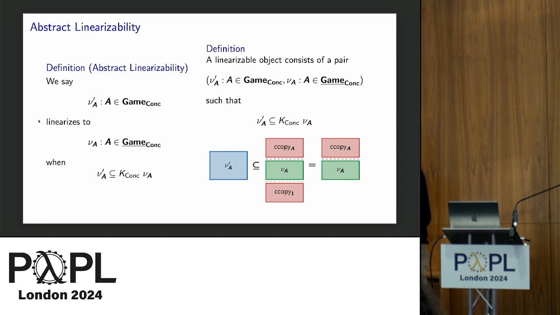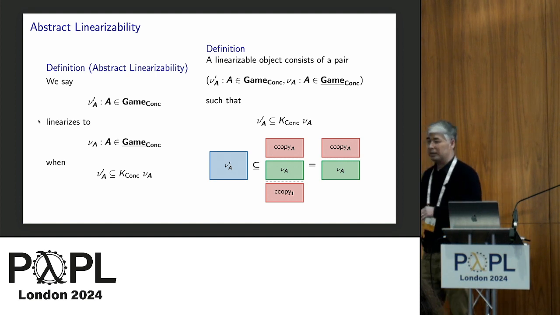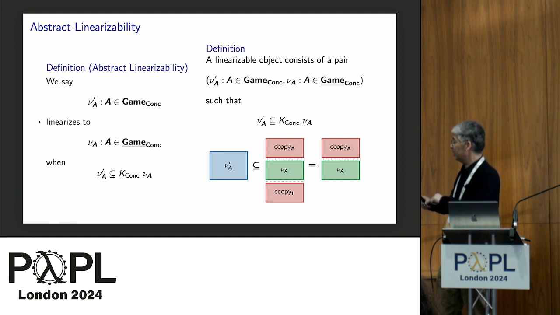And this nu A prime is just adding the C-copy on both ends. So even if this object is like a sequential queue, which has data races, that's okay. It's still a linearizable object as long as the actual behavior has a concurrent copycat wrapped around it.